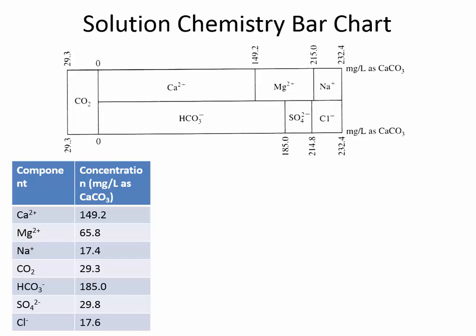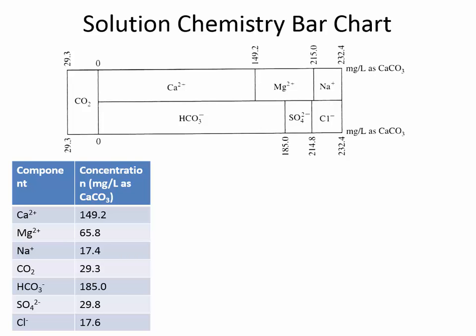What's our total hardness from this chart? Do you know what our total hardness is? The total hardness, remember, doesn't include sodium. So it's just the total amount of the bar chart through the calcium and magnesium. So the total hardness, TH, is 215 milligrams per liter as CaCO3.